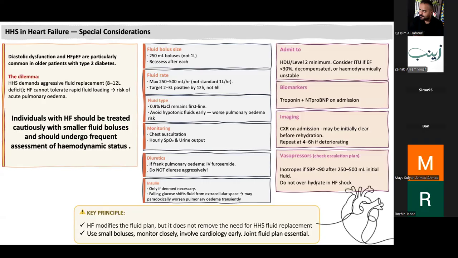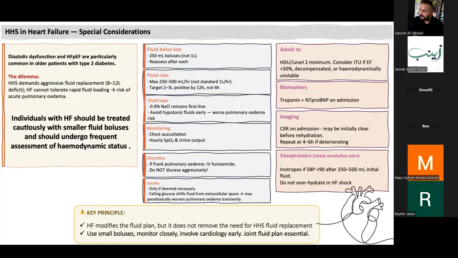So their troponin should be checked, their proBNP for heart failure should be checked on admission, and a chest x-ray should be checked as well. And if they become crackly or require oxygen while you're managing, you need to repeat that chest x-ray to look for signs of pulmonary edema. And if the blood pressure is not responding despite adequate hydration that's suitable for that patient, then inotropes should be considered after discussing with cardiology.